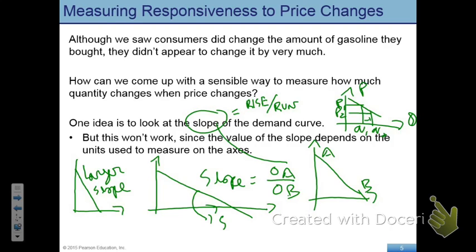This one has a smaller slope. Okay? A larger slope of a demand curve is called a steep demand curve, and a smaller slope of a demand curve is called a flatter demand curve.